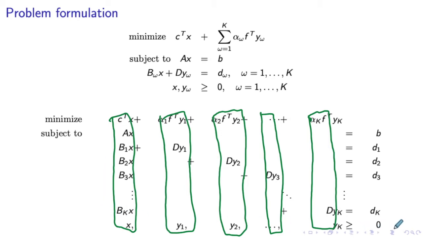Since we are switching to the dual, what used to be the variables now corresponds to the constraints, and instead of the columns, we will be generating the rows when we look at the primal problem. So applying the Dantzig-Wolfe decomposition framework to the dual problem becomes what we call Benders decomposition for the primal problem. And in this case, we will be generating the constraints instead of generating the columns.